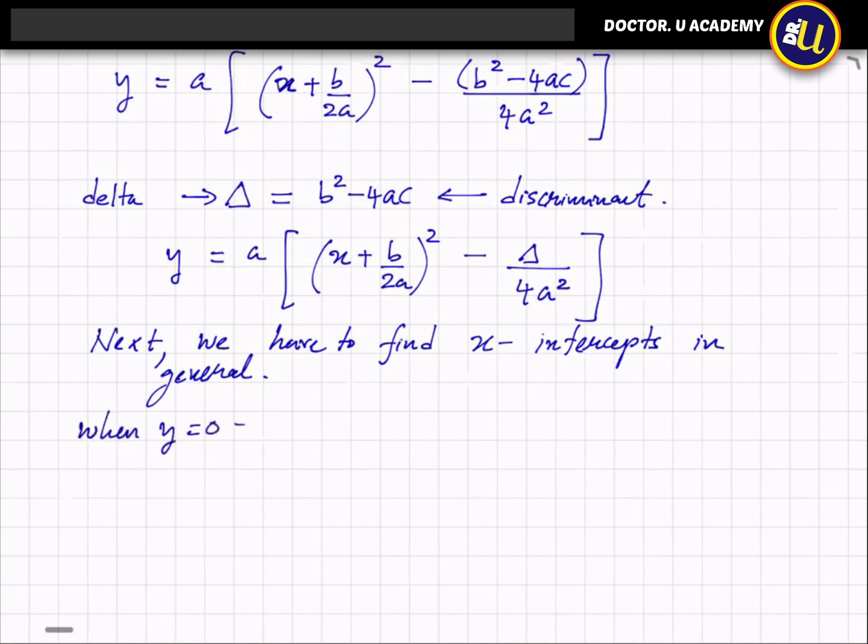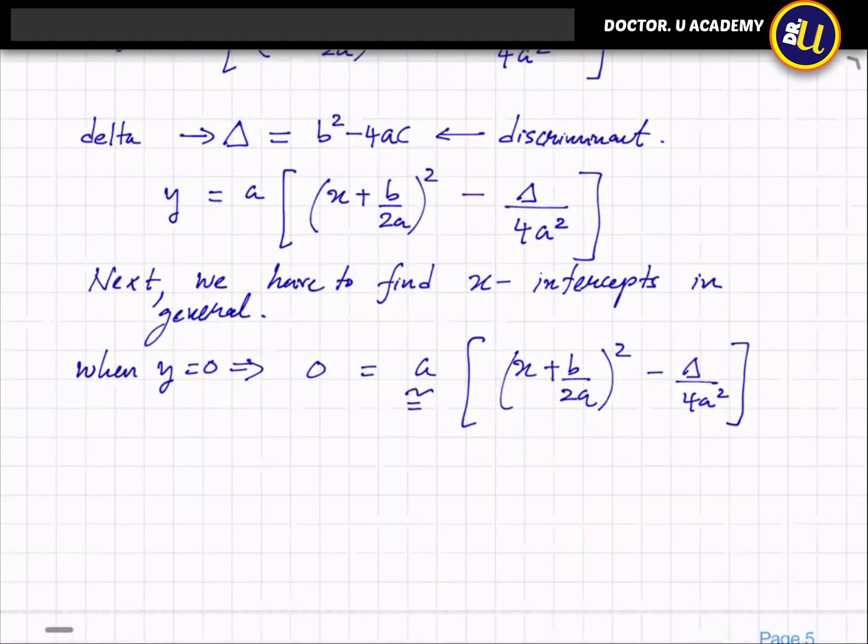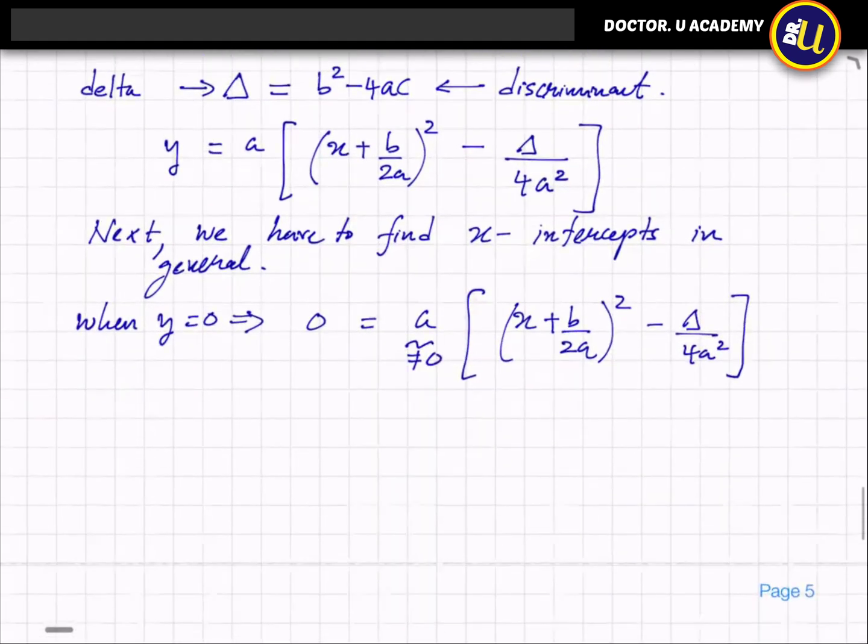So when y is equal to 0, you get 0 is equal to a times x plus b divided by 2a, the whole thing to the power 2, minus delta divided by 4a squared. Now we know that a is not equal to 0, so you can divide both sides by a, and then you can say x plus b divided by 2a, the whole thing squared, minus delta divided by 4a squared is equal to 0.